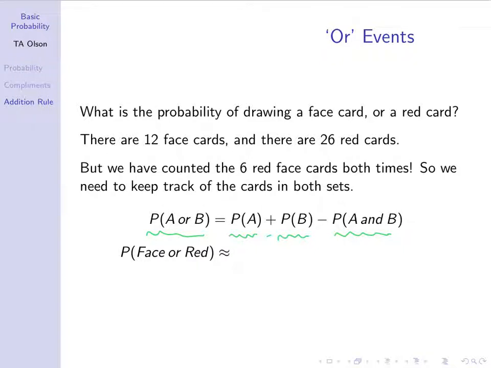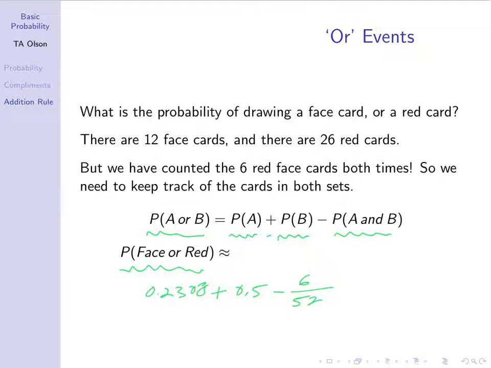Let's use these calculations to figure out the probability of drawing a face card or a red card. The probability that we draw a face card we already know, that's 0.2308. The probability that we draw a red card we already know, that's 0.5. And the probability that we draw something that is both a red card and a face card is our 6 out of 52.